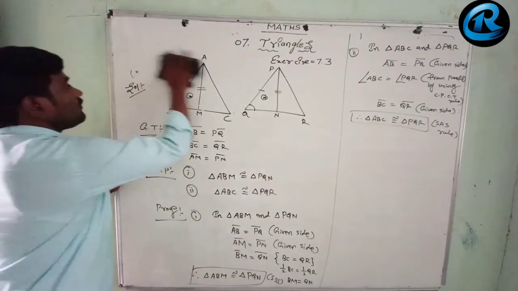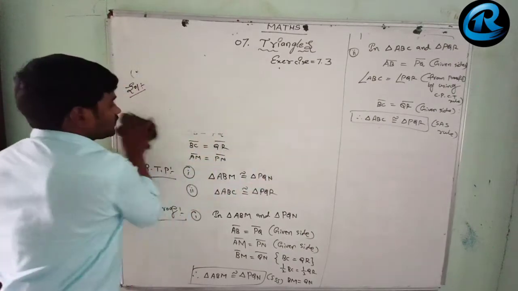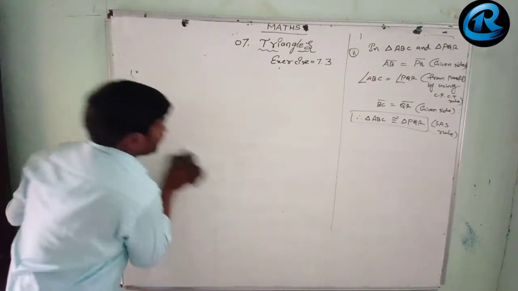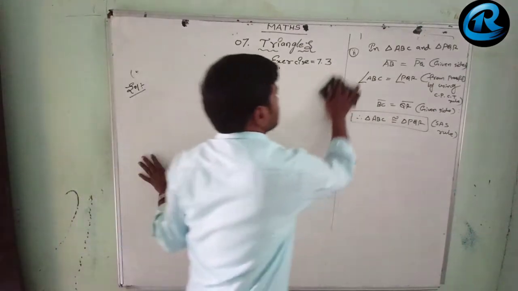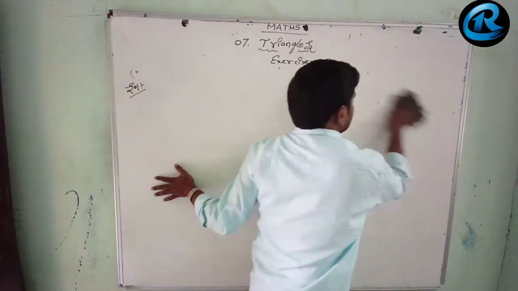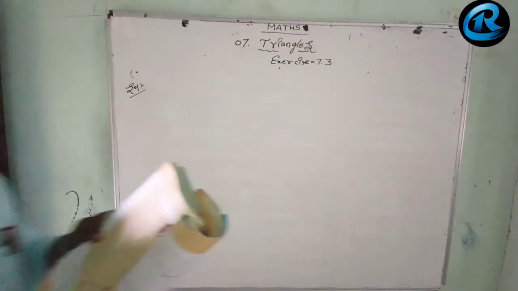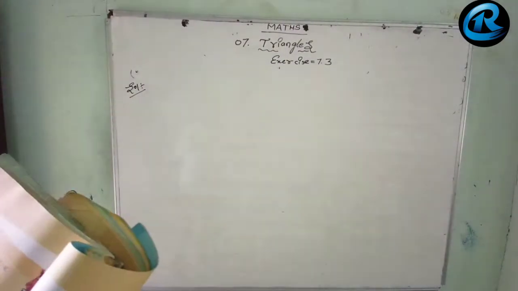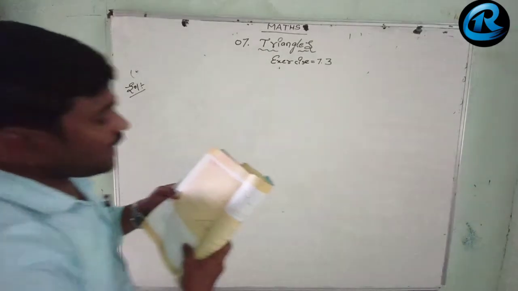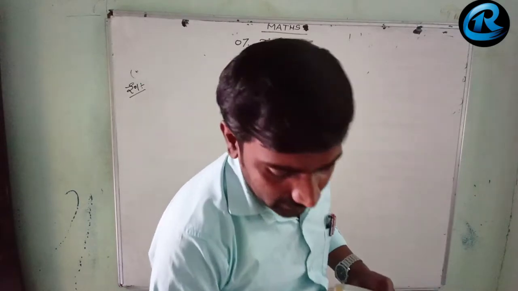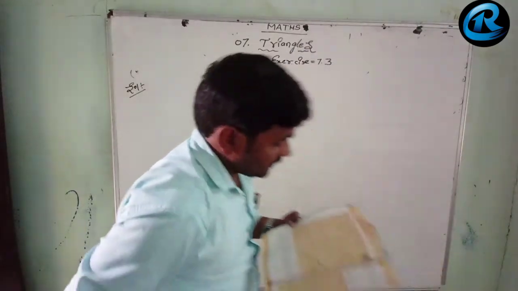So now we go for the third one. Now we'll complete the third one. So what is the third question now? See, BE and CF are two equal altitudes of triangle ABC.